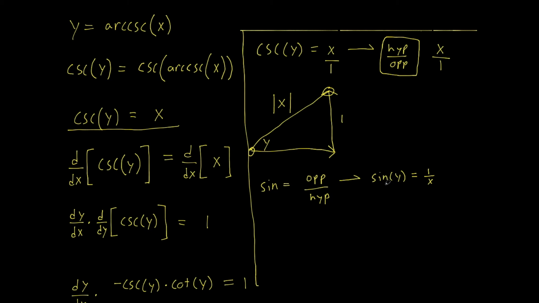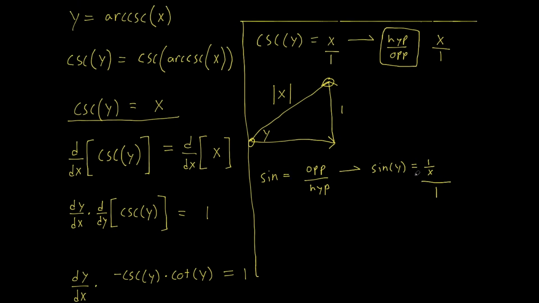So what we can do here is say sine of y equals 1 over x, and sine of y equals opposite over hypotenuse. So why don't we say 1 over x is equal to the opposite side, and the hypotenuse is equal to 1, because 1 over x is equal to 1 over x over 1.